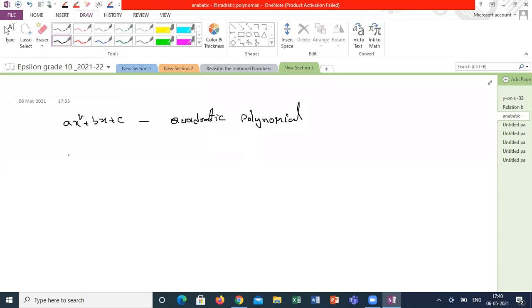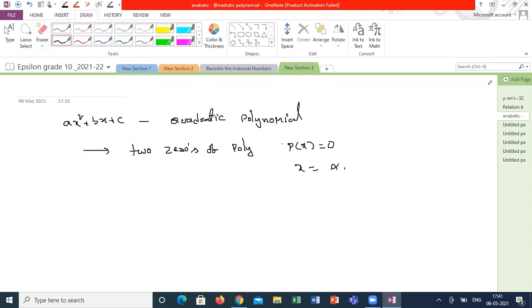For a quadratic polynomial, we have 2 zeros. That means p of x will be 0 for 2 values of x. I take those 2 values as alpha and beta. Alpha is one zero of the polynomial, and beta is the other zero of the polynomial.